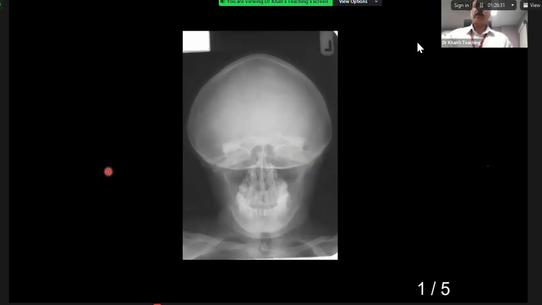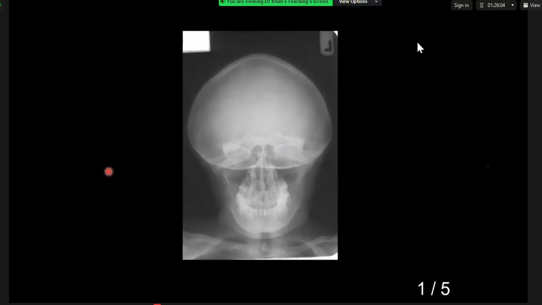Please, can you tackle this case? Hello, yes. Okay, this is a frontal radiograph of the skull. There is abnormal shape of the skull vault, maybe it's trichocephaly or towering of the skull.